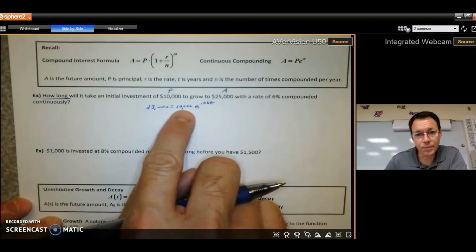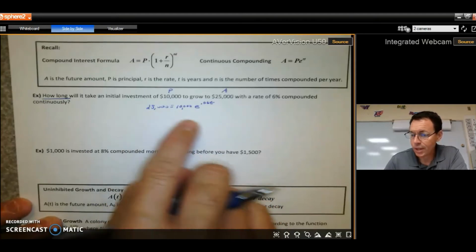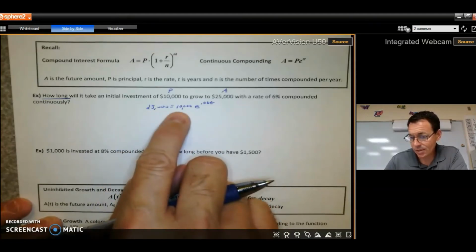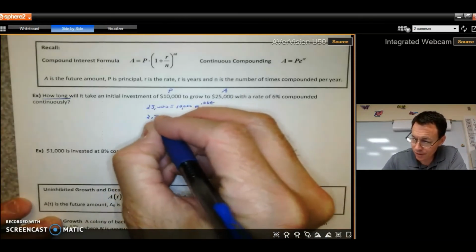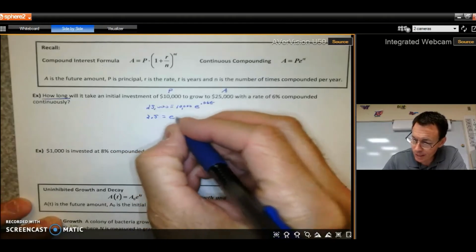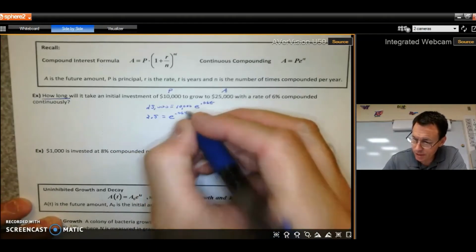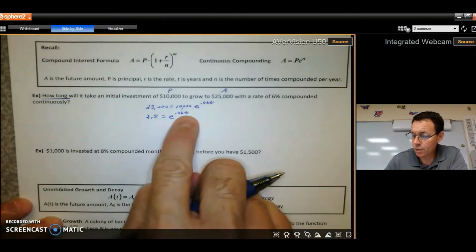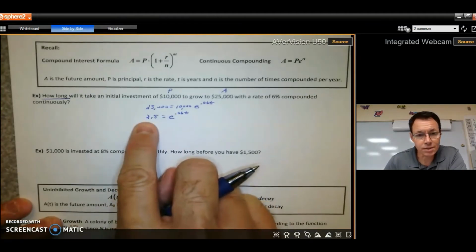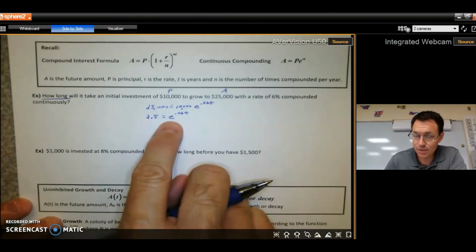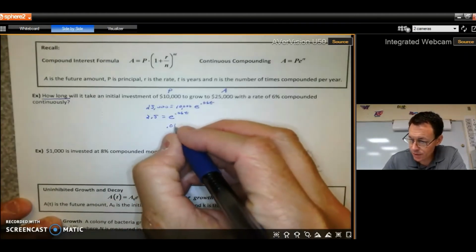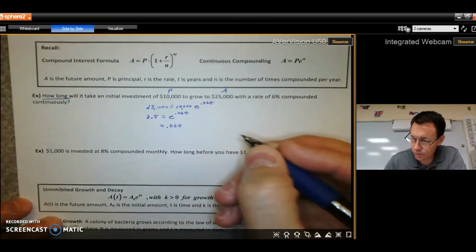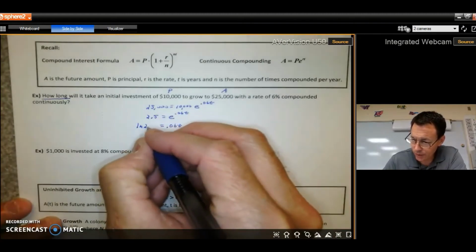Right now it's being multiplied by 10,000, so we need to divide both sides by 10,000. 25,000 divided by 10,000, well, 25 divided by 10 is going to be 2.5, and then e to the 0.06t. Now, I've got a base to a power equals a value, so I can rewrite this as a logarithm. This is a base e, so this is going to be a natural log. So 0.06t is equal to the natural log of 2.5.